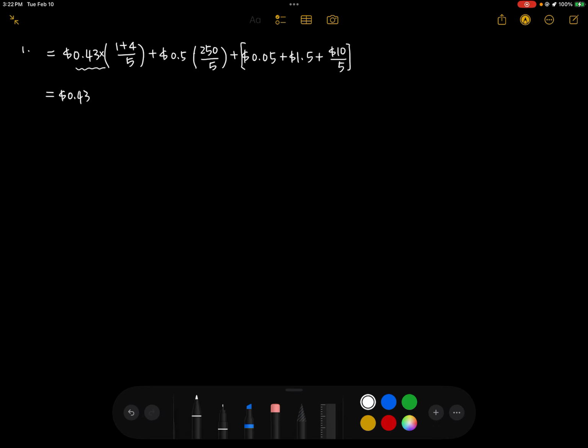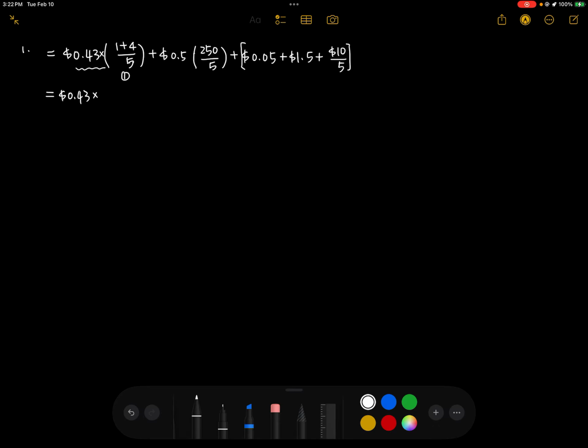But to calculate it correctly, you need to understand there is a multiplication sign. We need to multiply 0.43 by the value inside the parentheses, and you need to calculate the parentheses first. That's the order, so that's order 1. That's the first thing you need to calculate.